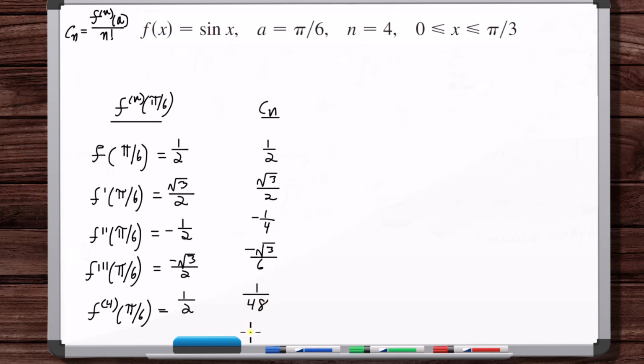Okay, so now we've got the coefficients for the first five terms, going to the fourth order.